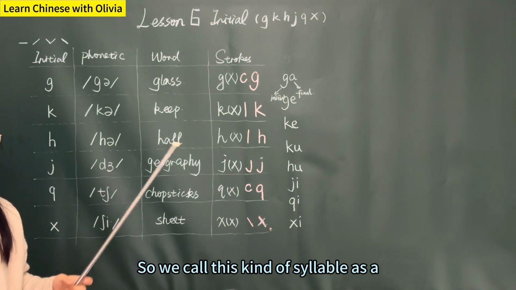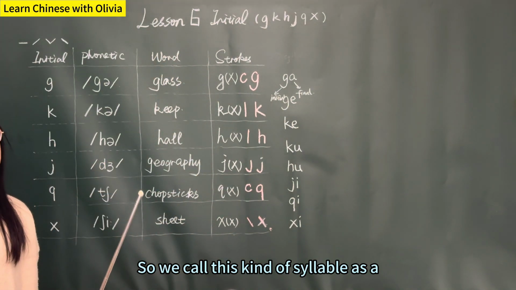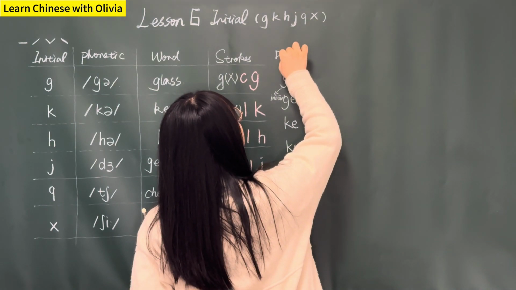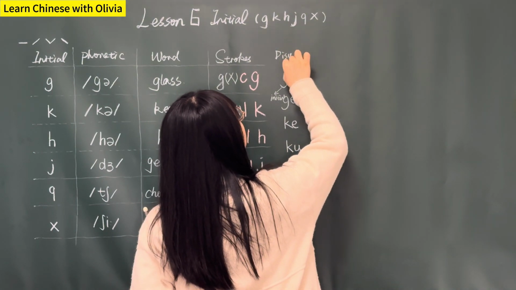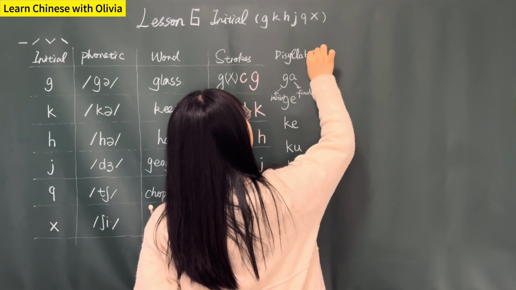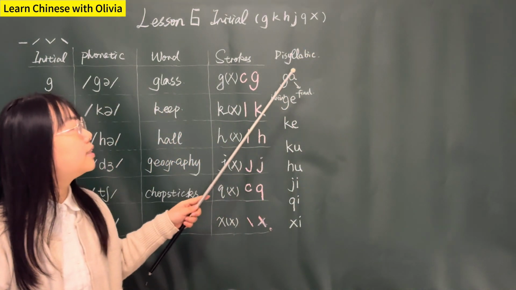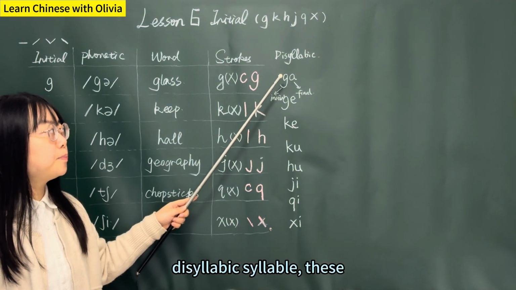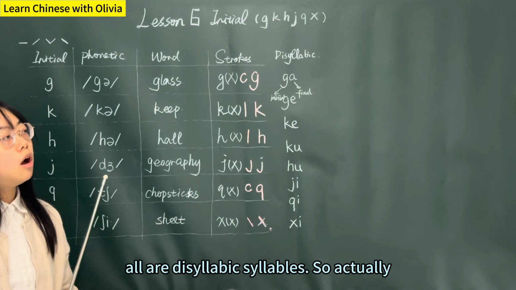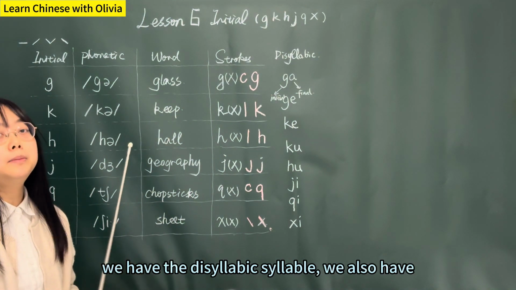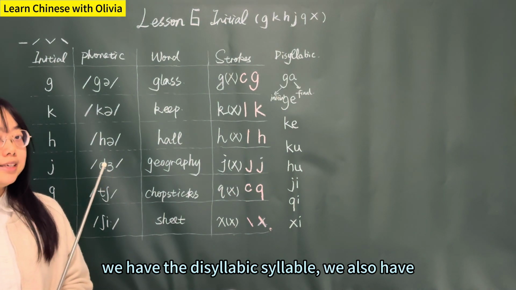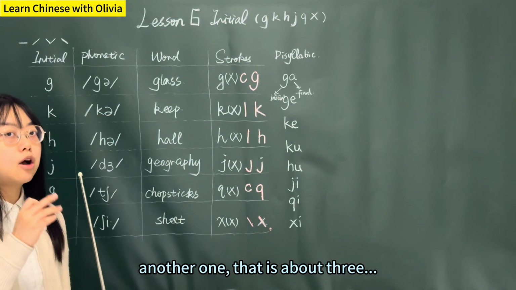So we call this kind of syllable a disyllabic syllable. We also have another kind that has three.